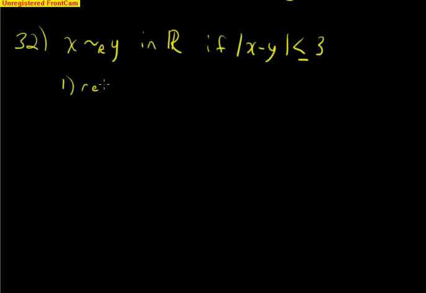Is it reflexive? Well, let's see. We would have a minus a less than or equal to 3. Well, a minus a, this is basically the additive inverse. So this would be 0 is less than or equal to 3 for the real numbers. So that checks.